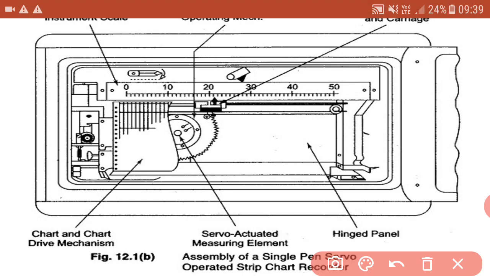So this one is the instrument scale. Here we can see 0, 10, 20 is the scale, and this one is the mechanism that we are seeing.